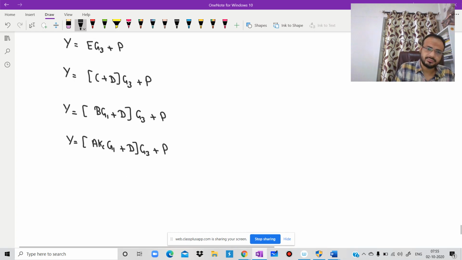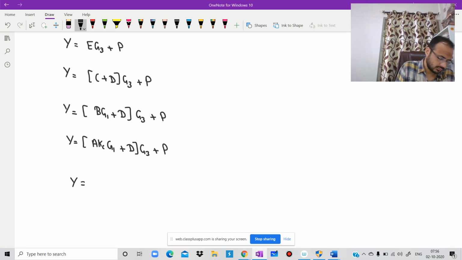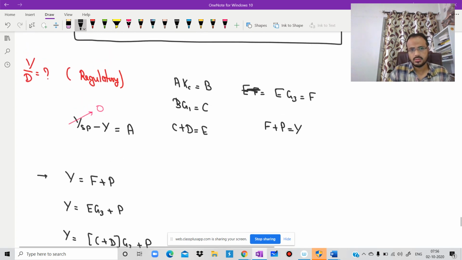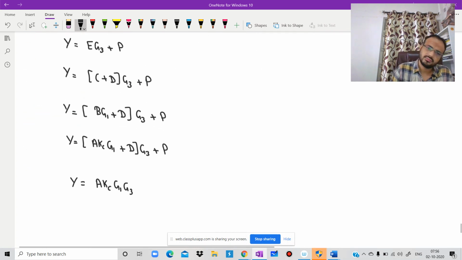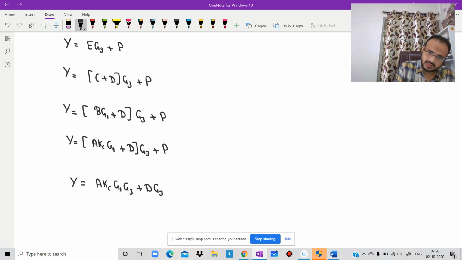Now we have Y is equal to A Kc G1 G3. The value of P is B into G2 plus D into G3.